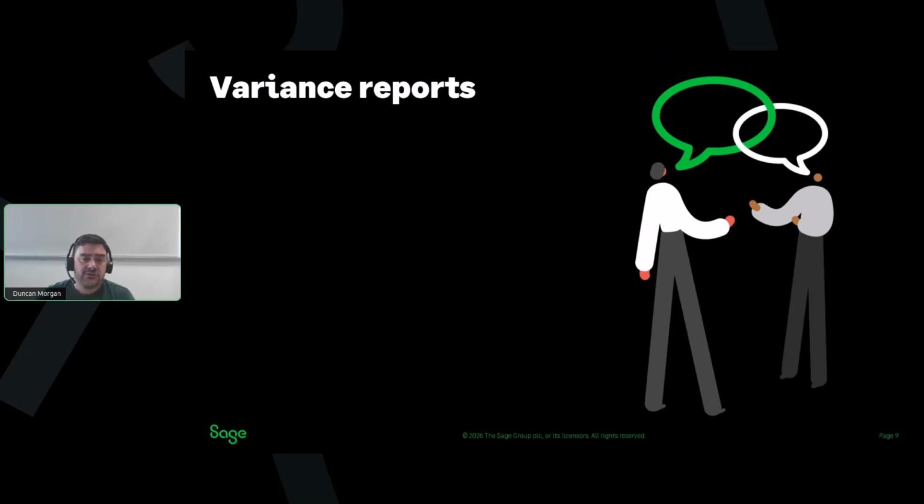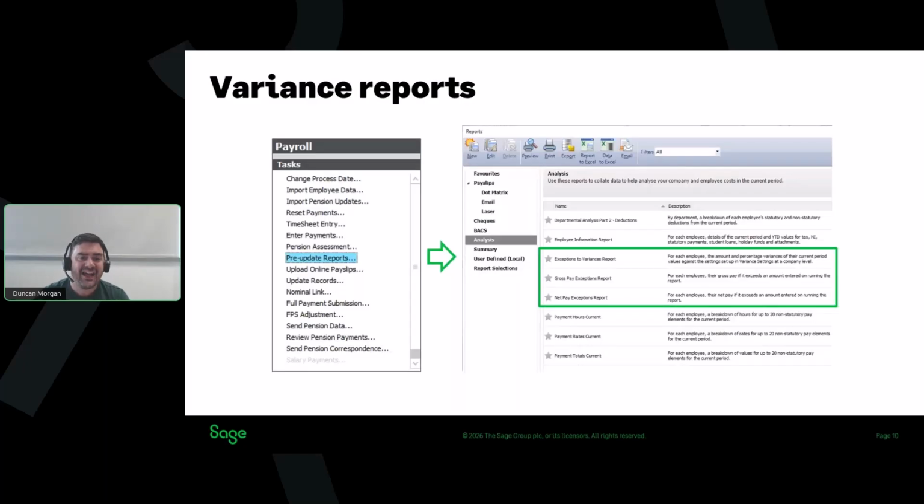But I do want to give you a summary of those reports that we've just seen and also run through a few common questions and answers. So all variance reports are found in the pre-update reports area. It's the exceptions to variances report that uses the variance settings, whereas the other 2, gross pay and net pay exceptions, is where you type an amount in the criteria values.